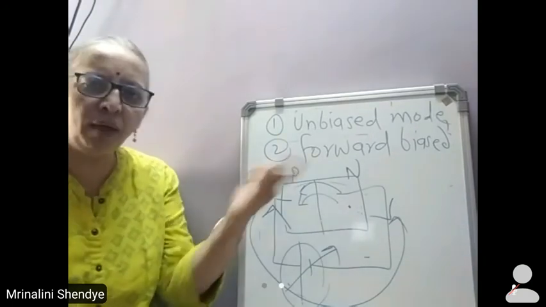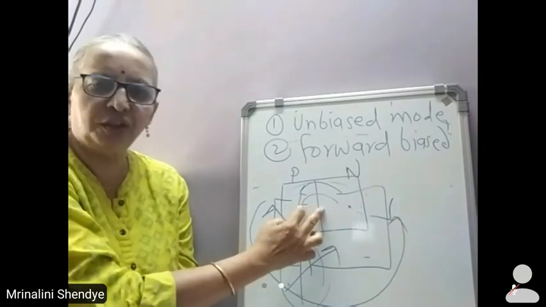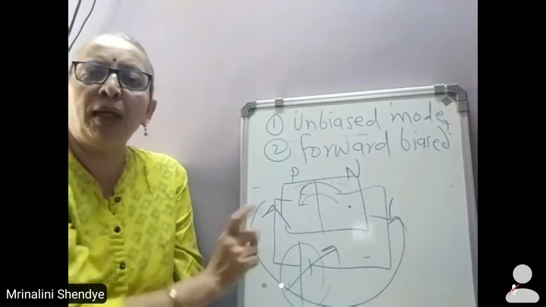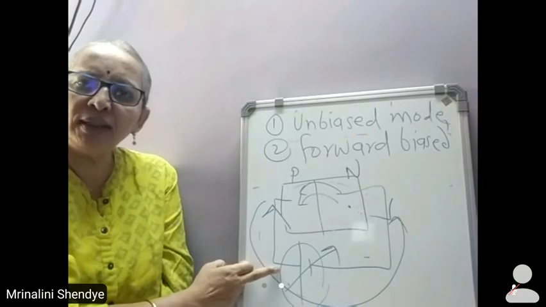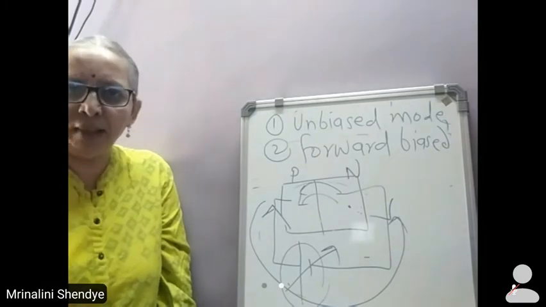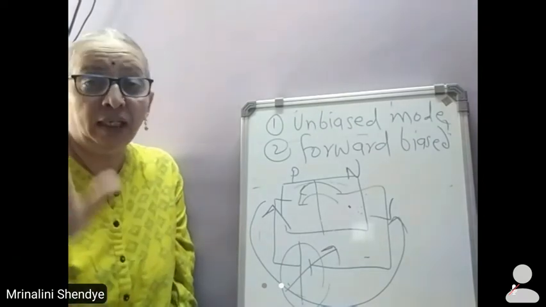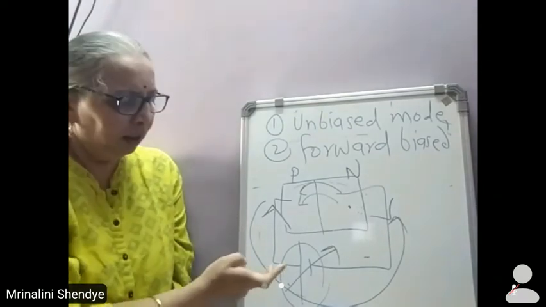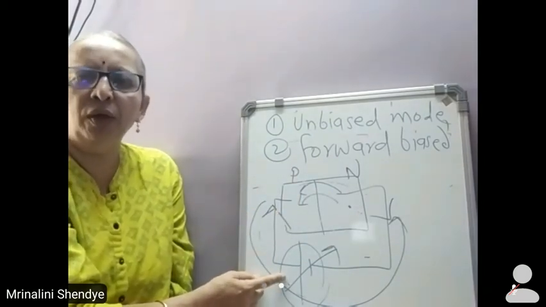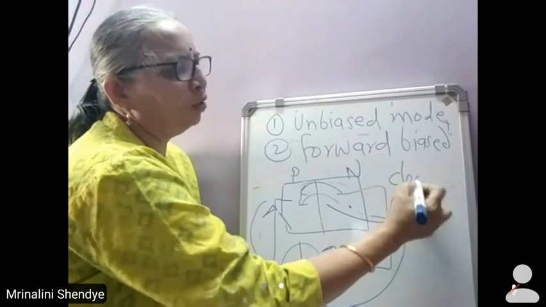So in forward biased mode, a large current can pass through this junction when P is connected to positive and N is connected to negative, but only after a certain value of E. If E is very small, you don't observe any considerable current initially. Only once it overcomes the barrier potential, after a certain value, do you observe current, and this junction behaves as a closed switch.